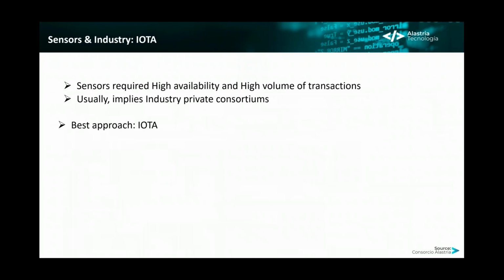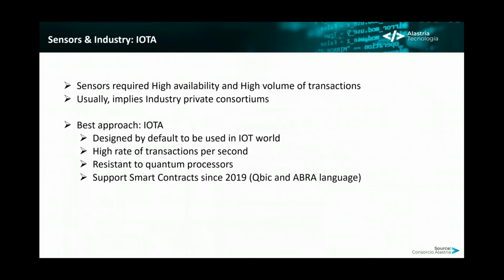I'm going to enter now into IOTA. Some of you in Budapest mentioned to me the possibility of using your cases connecting to sensors and things like that. And I mentioned to them that this is not a good solution if you want to implement it on the Ethereum platform. Why? Because Ethereum is not high availability and high volume of transactions.